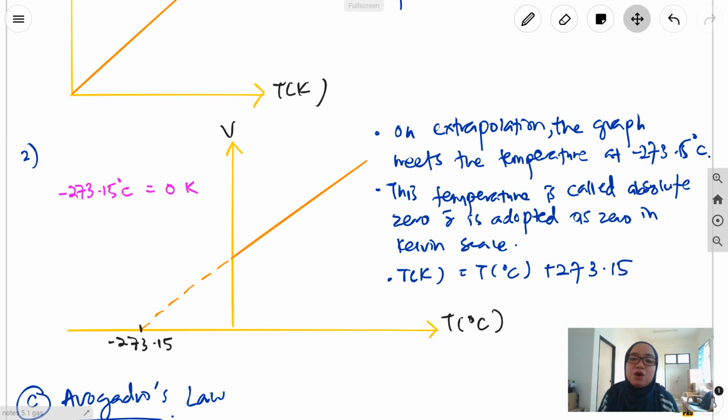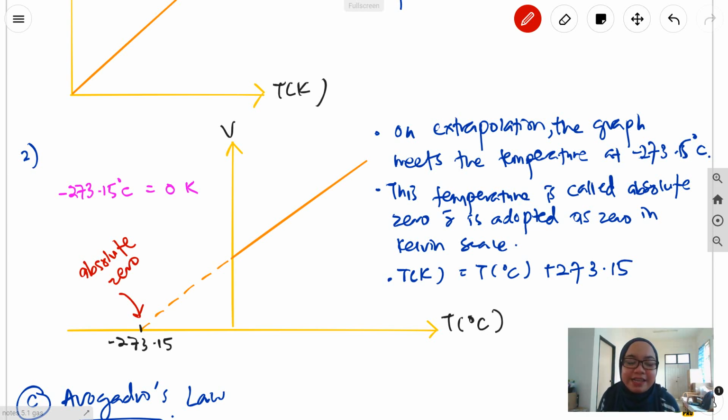In this case, on extrapolation, the graph meets the temperature axis at negative 273.15 degrees Celsius. This temperature is called absolute zero in the Kelvin scale. We know that to find the temperature in Kelvin, we need to add 273.15.